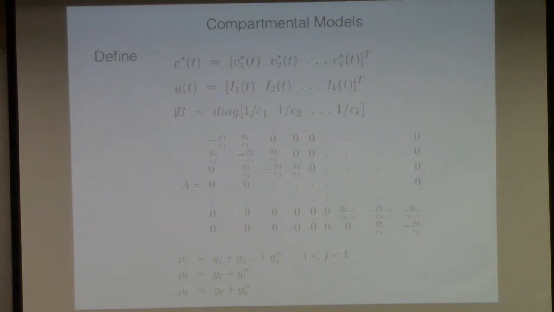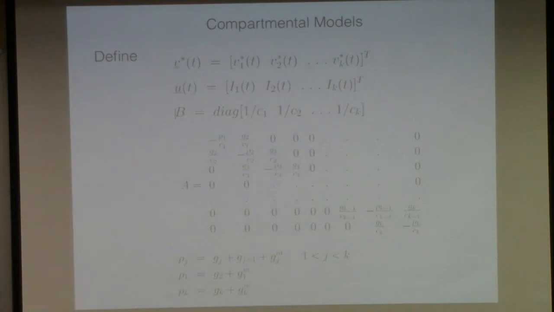Maybe they're 0, maybe they're non-zero, but here they are, and we're calling that vector U. And then we're going to define a k by k matrix B. It's a diagonal matrix, and the diagonal terms are going to be 1 over the capacitor values for each of the nodes.